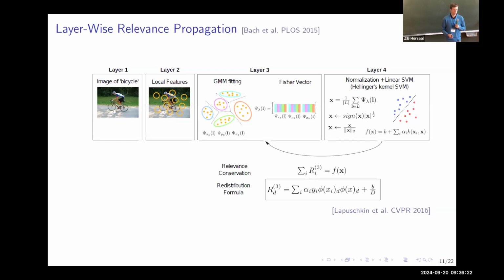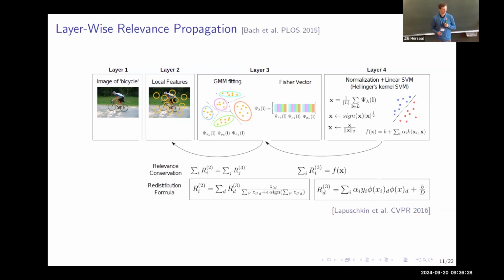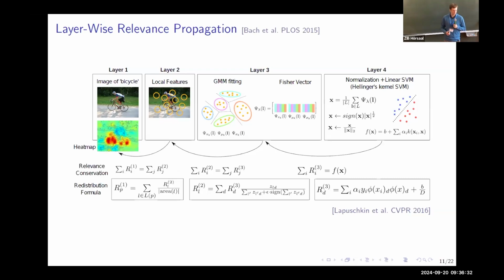Because you have a composition of functions, you do this iteratively until you reach the input, and these rules are designed in a way to enforce the conservation of relevance, which means that at the end, if you sum the value over all features, over all pixels, you have basically the value at the output of your model.